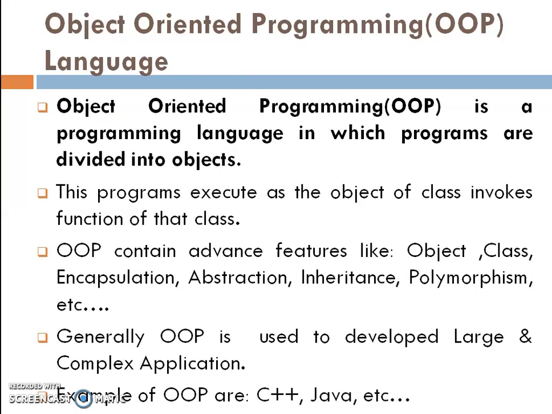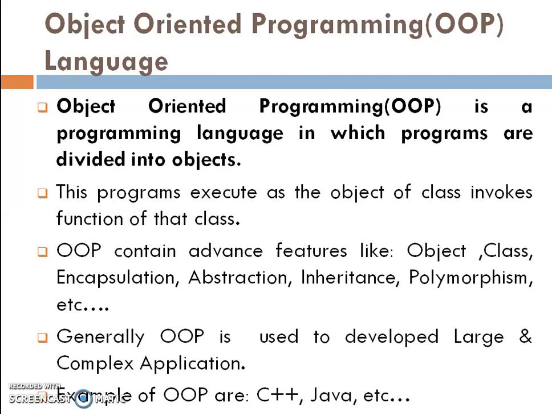Then, next programming language is Object-Oriented Programming Language. It is also called OOP programming language. Object-Oriented Programming Language is a programming language in which programs are divided into objects and different classes. This program executes as the object of classes involved function of the classes.